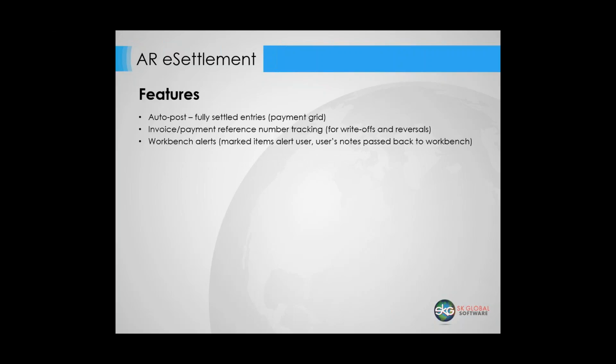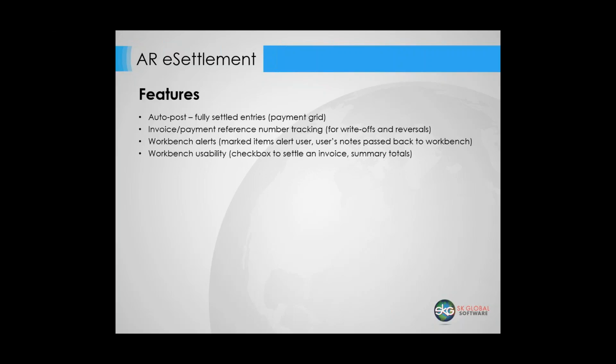It will take them immediately to the workbench in that area. They can then write a note to the workbench user. The workbench user will be notified that someone has responded back. So it really provides a workflow methodology between your workbench and settlement analyst and other folks that are in your AX user base.